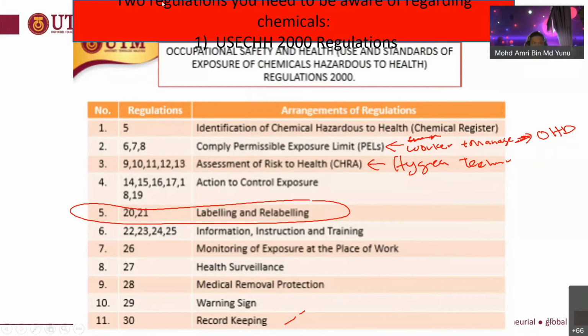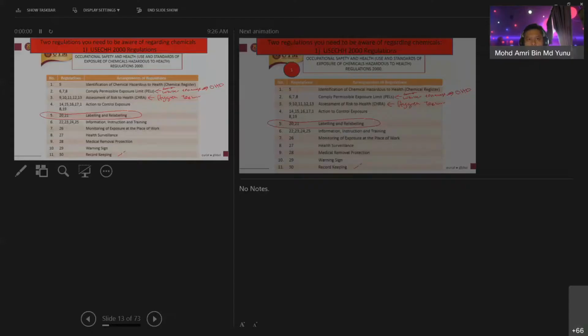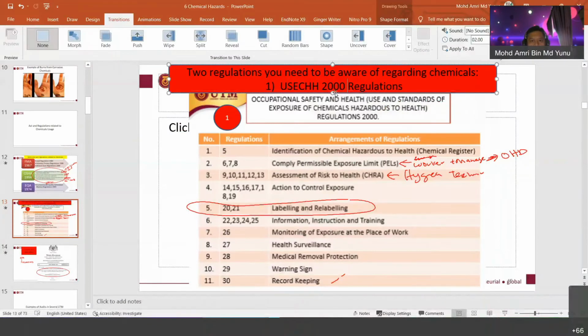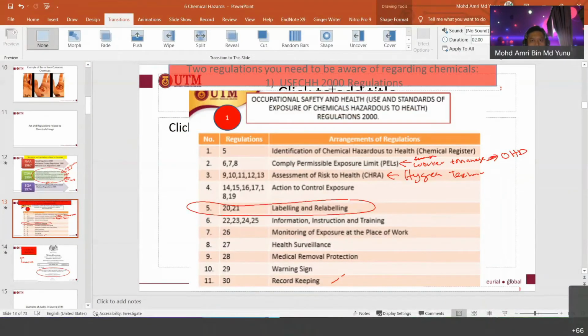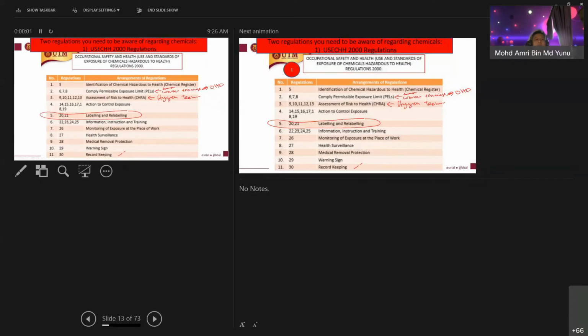Anyway, there are two regulations you need to be aware of regarding chemical use.